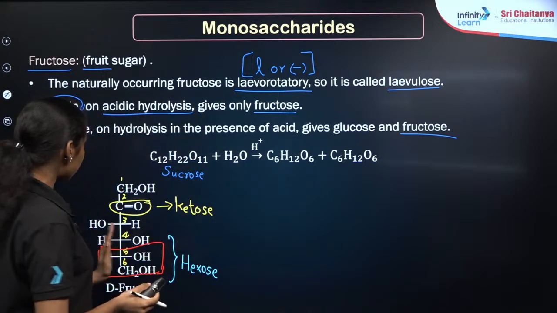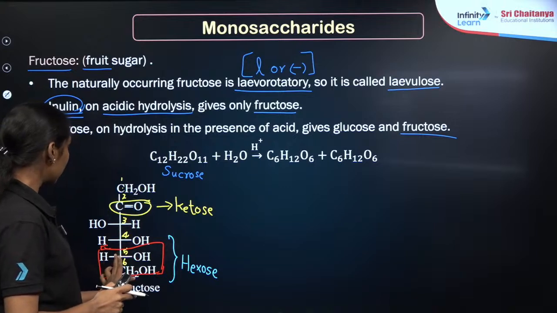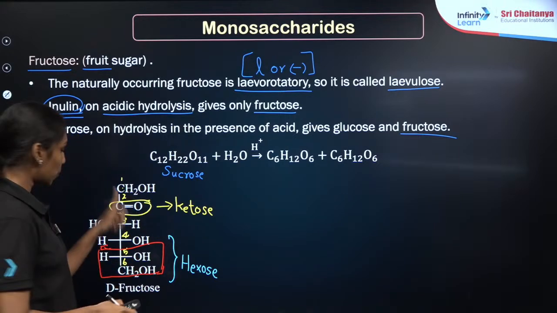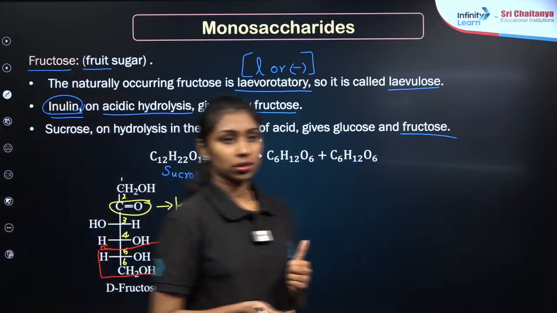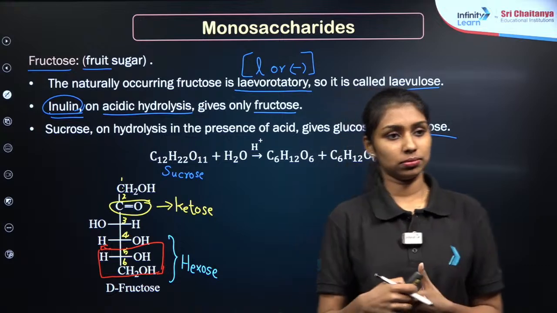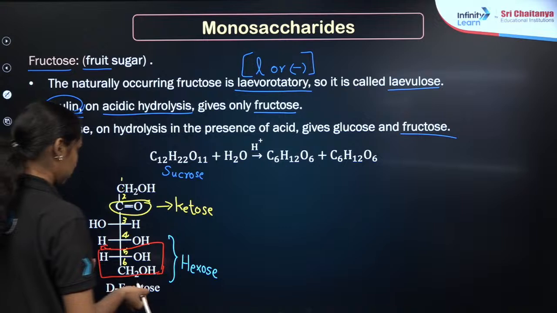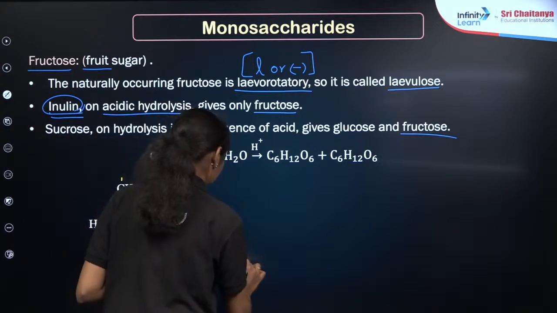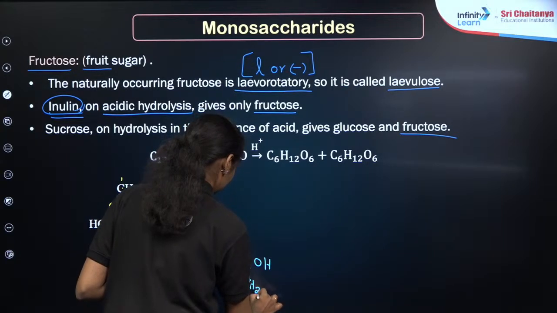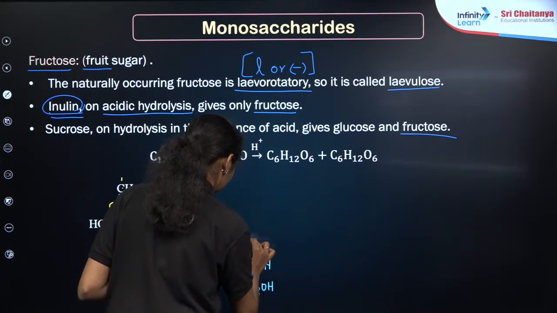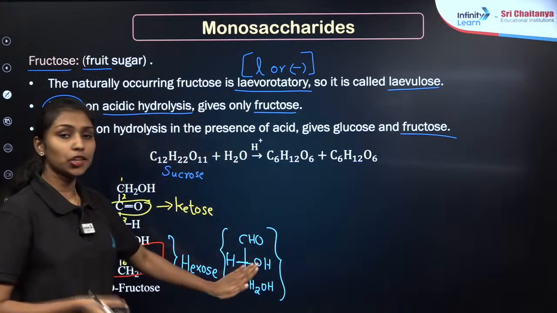Now we are comparing the structure with D-glyceraldehyde. As you can see over here, the last chiral carbon atom has a similar structure to that of D-glyceraldehyde. So this fructose is known as D-fructose. D stands for capital D. This is the structure of D-glyceraldehyde.